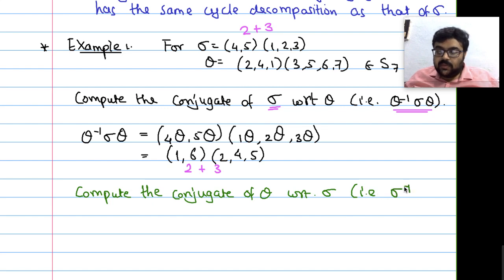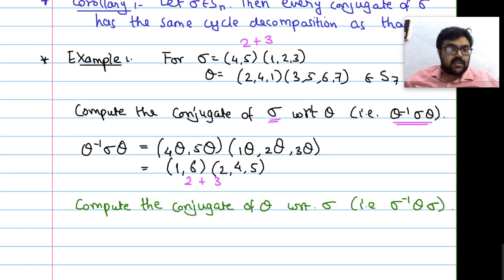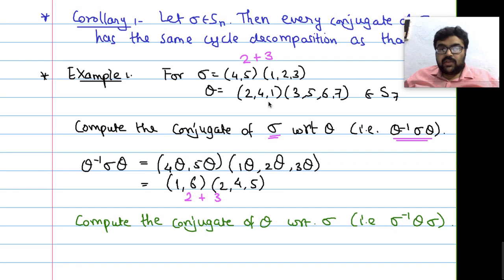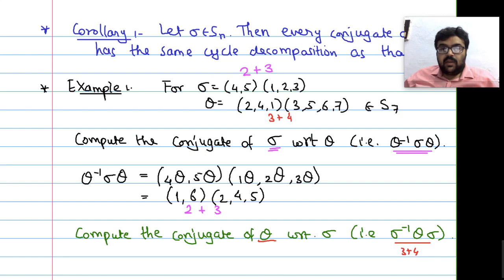This will be sigma inverse theta sigma. So you have to compute sigma inverse theta sigma. And what is the partition of theta? Theta has this partition. Actually, this is not the correct partition. You can write it as here, 3 plus 4, this is fine. So the conjugate also will have 3 plus 4. Check this. But this is not the correct partition of 7, 2 plus 3. We have 1 plus 1.